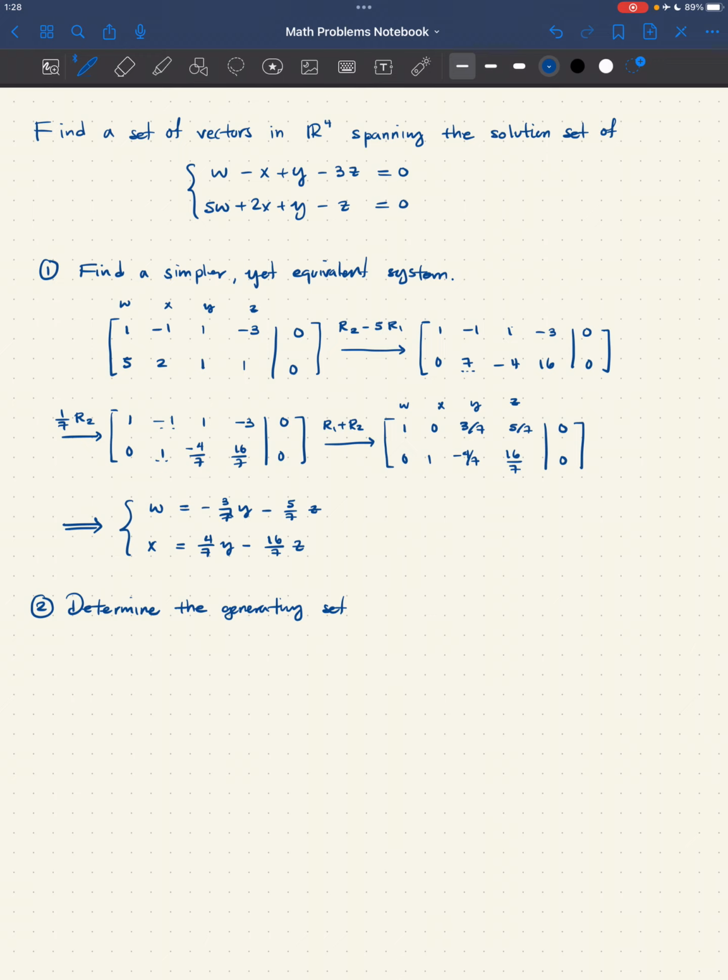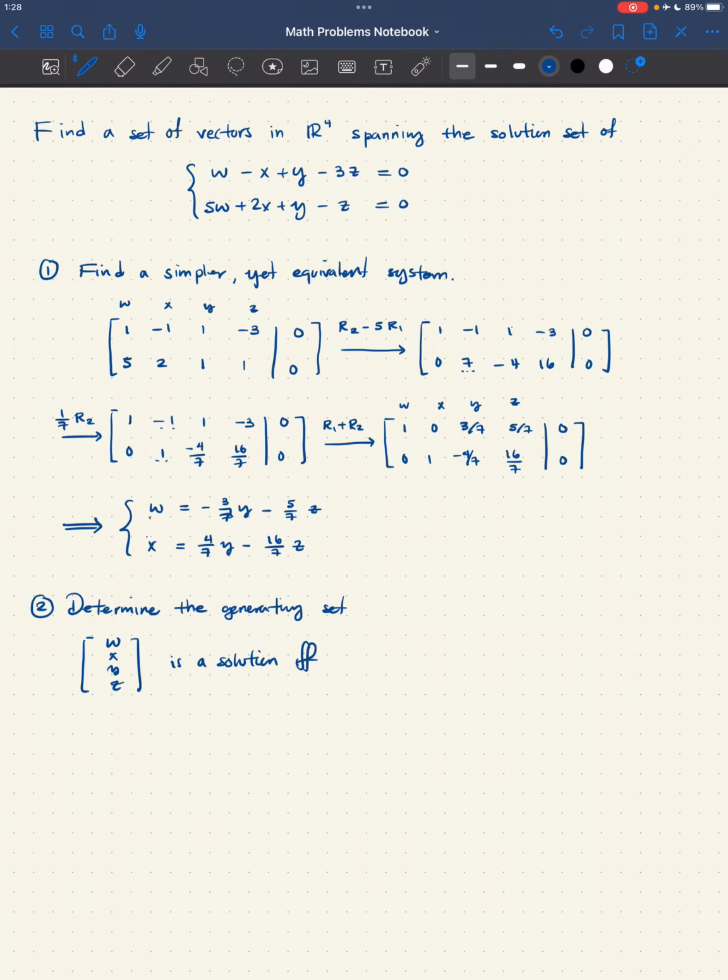If you're given a vector of the form W, X, Y, and Z, well, this one is a solution if and only if these two equations are satisfied.